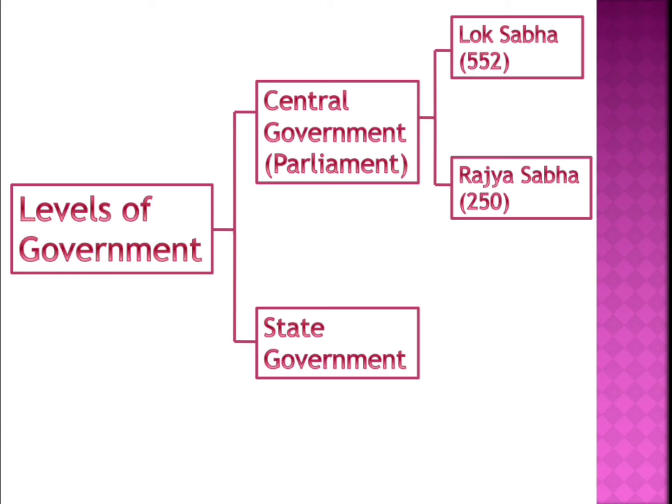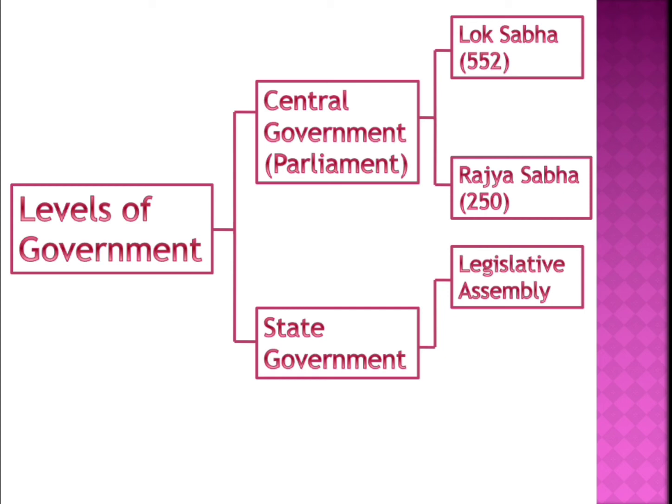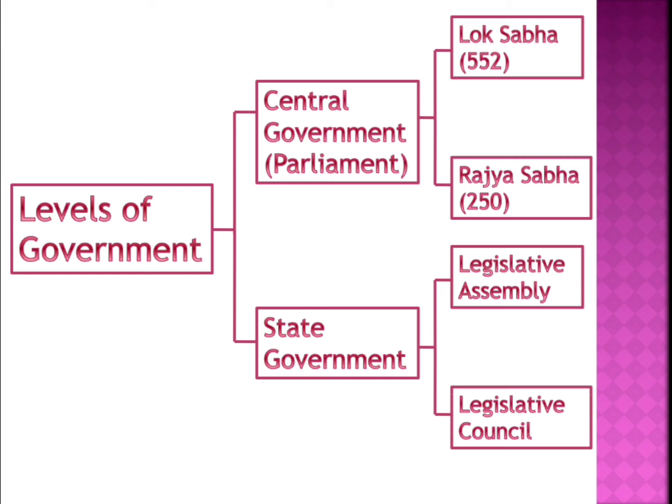They'll discuss the positives and negatives of the law, and they'll make sure they execute the law in the state. But in some states they also have a legislative council. So in 6 states we have 2 houses. In other states we have only one house, which is the legislative assembly.